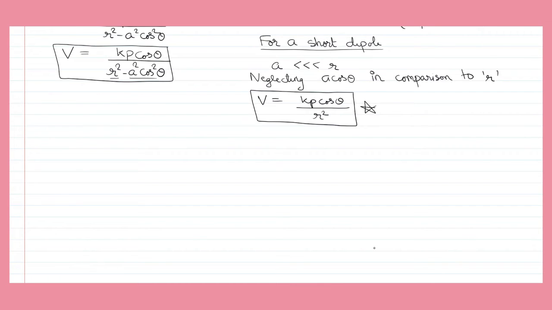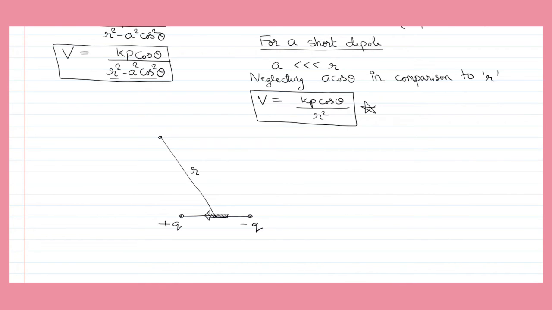Now there is one more thing. Suppose this is a dipole, plus q minus q, and this is the dipole moment. Previously I had not made the dipole moment, but now I will make it. And there is a point here, and this is r.